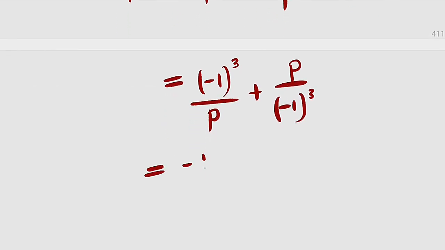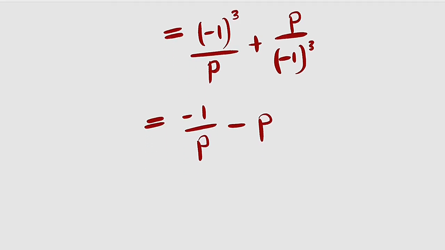So this is equal to negative 1 divided by P. This is also negative 1. So we have negative P here, because P divided by negative 1 is negative P. We can factor out negative 1, right? So we bring negative 1 at the back. Then inside, we have 1 divided by P plus P, right?